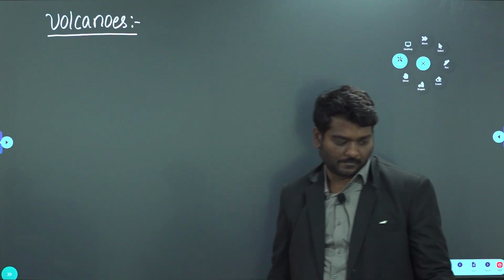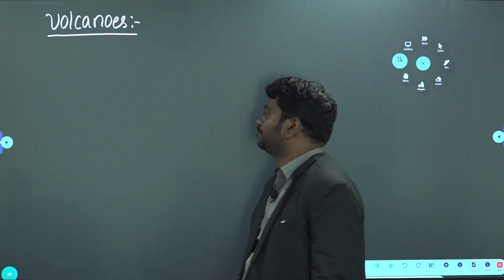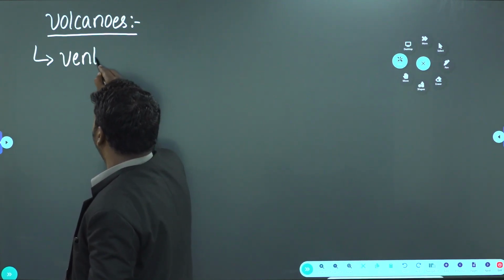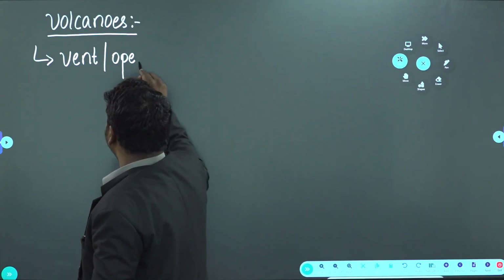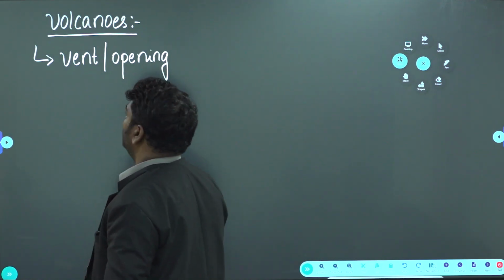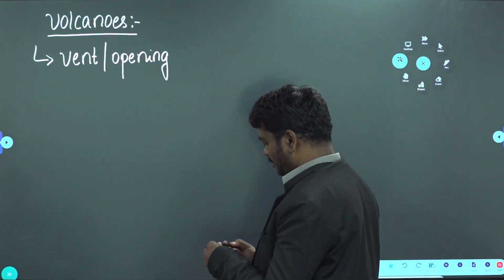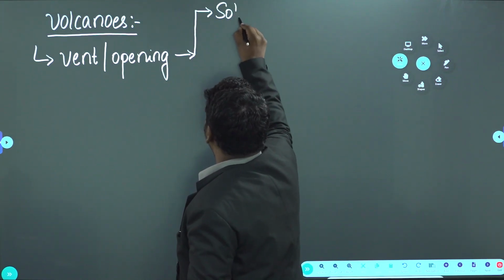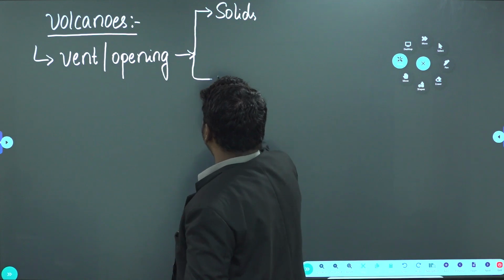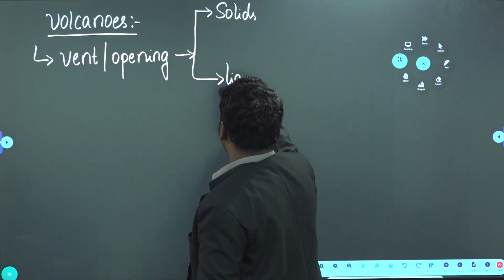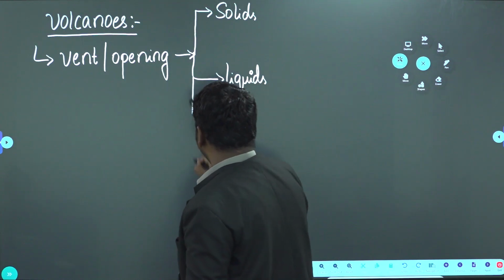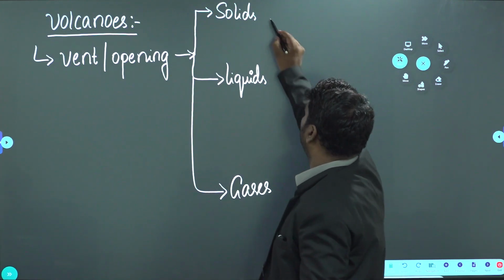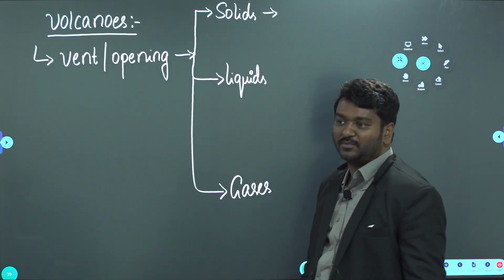Volcanoes. Volcanoes are vents or openings through which solids, liquids, gases will come. What is the solid that comes out from the volcano?